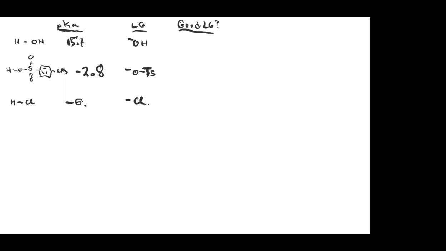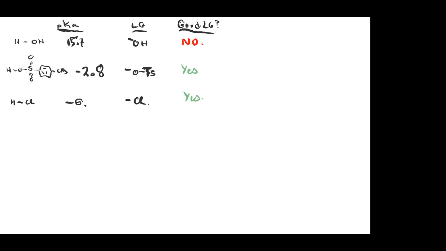We know that OH is a bad leaving group, but these two are good because the pKa of the acid is less than 0. Okay, so the take-home message here is that when we form a sulfonate ester, we're converting the alcohol to a good leaving group that's stable. You can isolate these things, and then you can add another nucleophile and do a displacement.